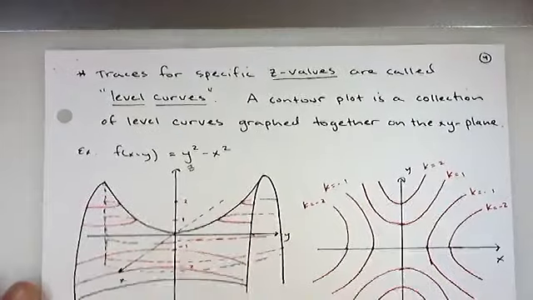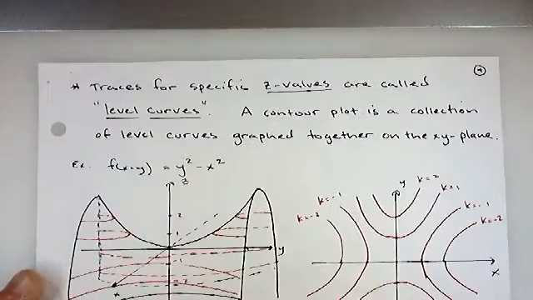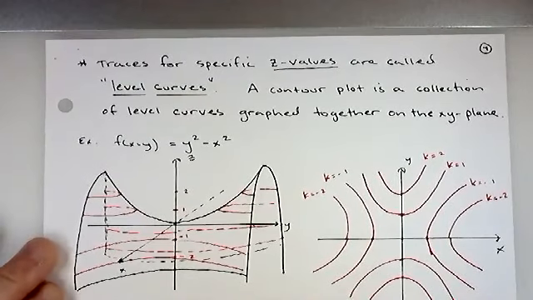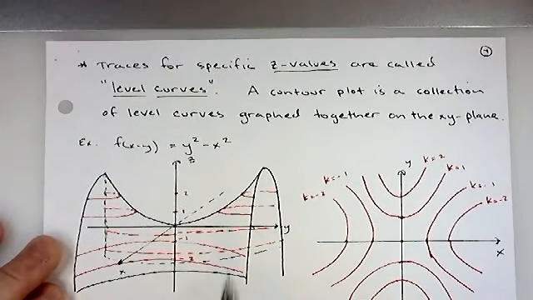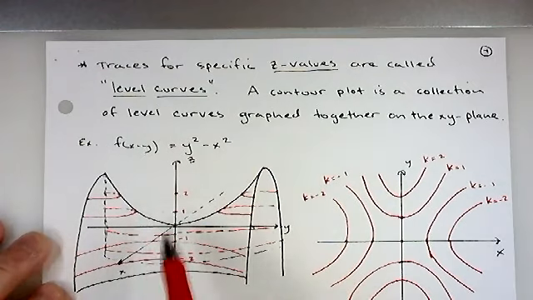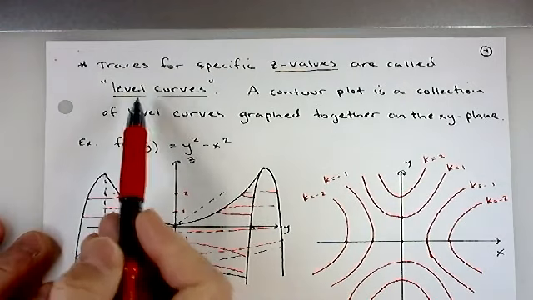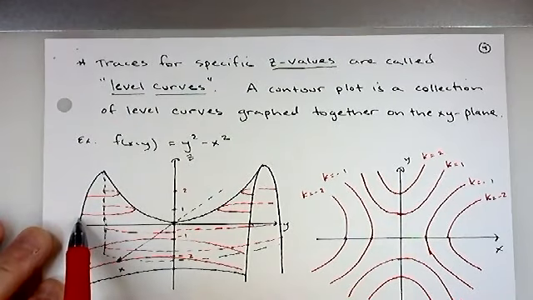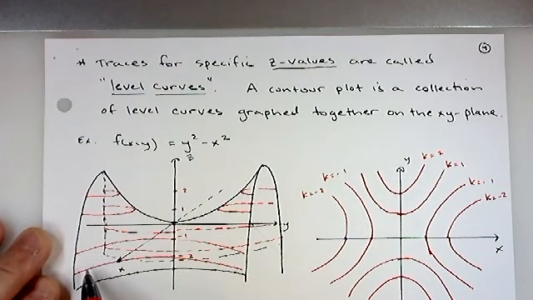Now, traces can be two-dimensional cuts, if you will, for a three-dimensional graph. But when we do a trace for a specific z value, we actually call those level curves. That's a common term you'll hear in this section of the book. So if you take that saddle, you can imagine cutting that saddle at different z values.